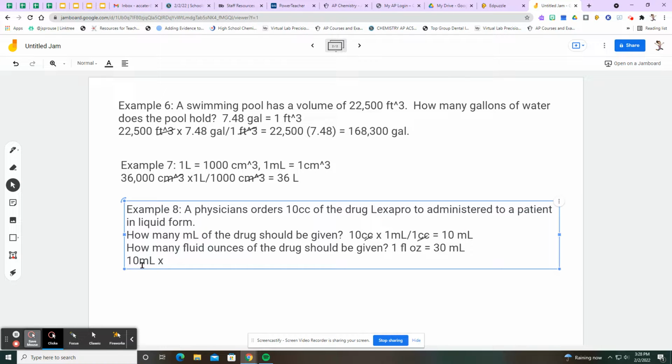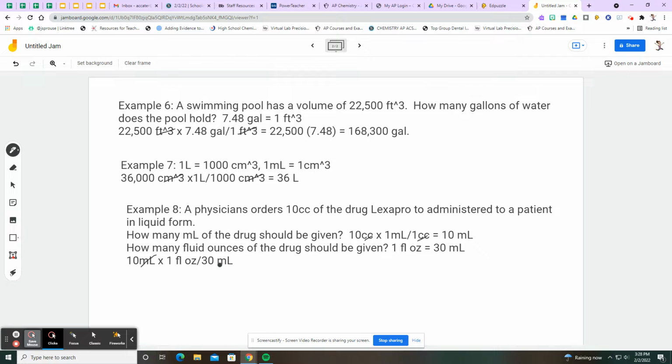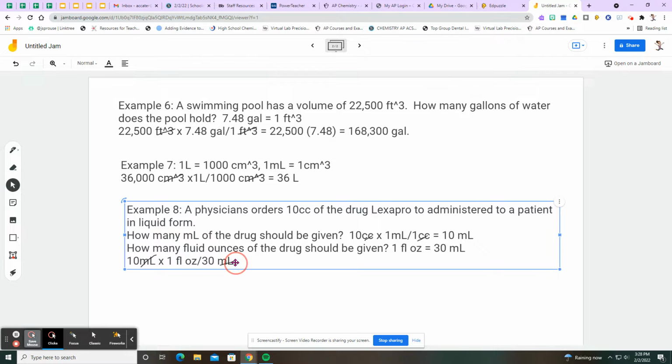And since milliliters is in the numerator, I want it to be in the denominator. So I'm going to say 1 fluid ounce over 30 milliliters. That way my milliliters cancels out. That equals 10 divided by 30, which is 0.33 fluid ounces.